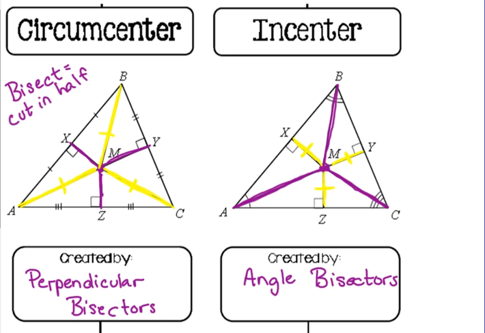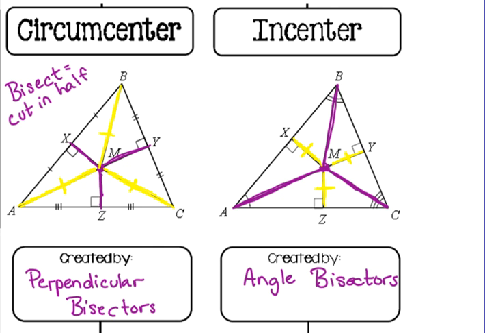Circumcenter is the longest name. Perpendicular bisectors is the longest name too, compared to angle bisectors and medians. The longest name goes with the longest name for what it's created by.